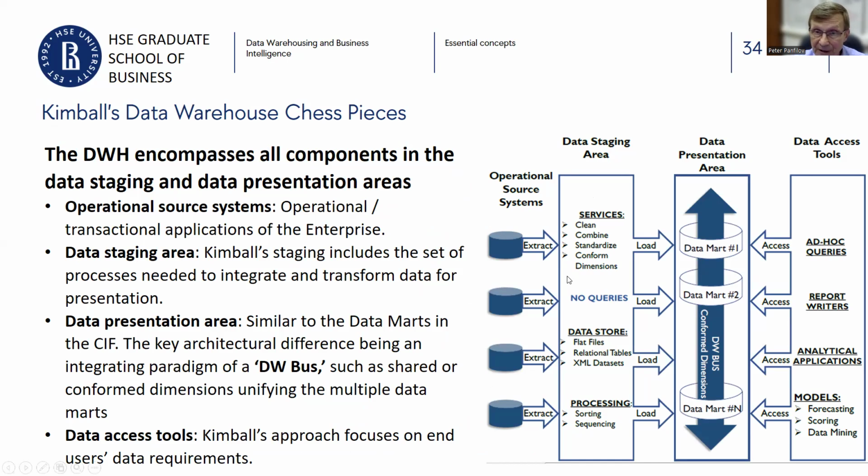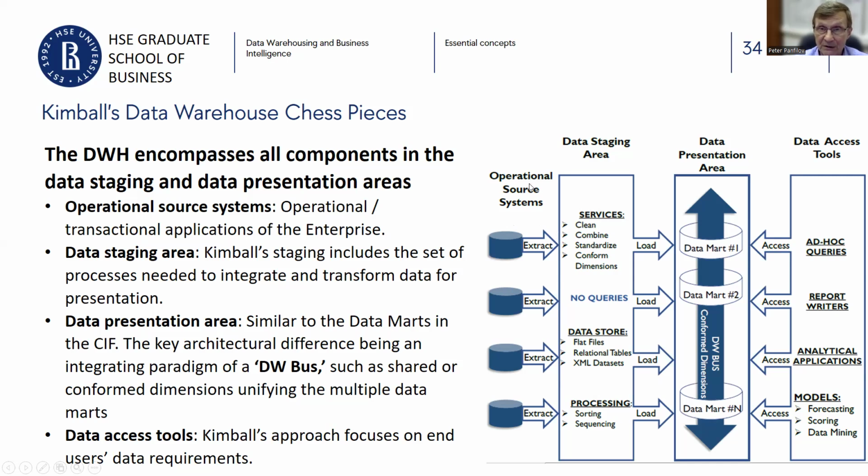We have some staging area where this data goes through the ETL process. But there are some differences. Operational source systems here to the left, and these applications, they create data to be integrated into data warehouse or operational data store, as it was in Bill Inmon's architecture.